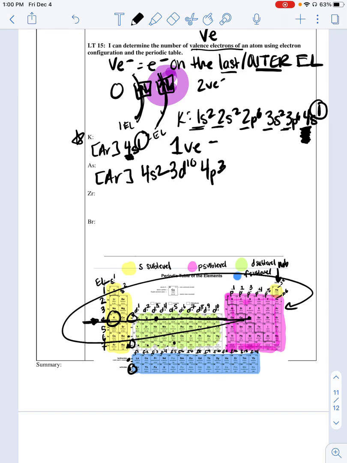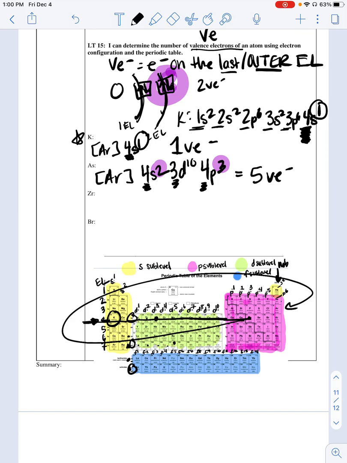This is interesting because I used my shortcut, but we're still looking at the energy levels. So I have a 4, a 3, and a 4. My highest energy level, my most outer energy level, is that 4th energy level. But I have 2 sublevels where electrons are showing up on that 4th energy level. So they are all considered valence electrons. I just need to make sure I add those up. So 2 plus 3 tells me that I have 5 valence electrons. You're always looking for that most outer energy level.